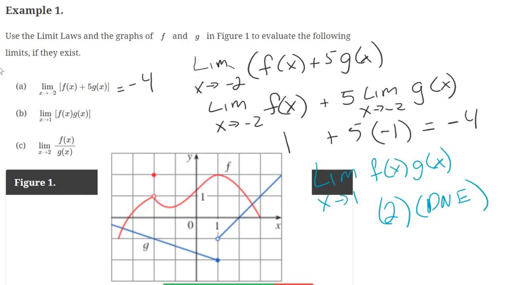It does not exist. Because it goes to 2 different points. So since it goes to 2 different points, it does not exist, which means this limit, the full limit, does not exist.